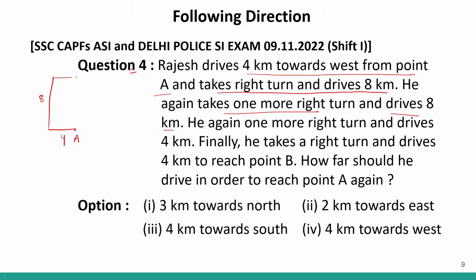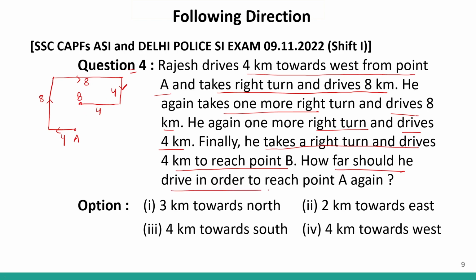Then one more right turn and drives 4 kilometers. So from here to here to here, and this is the final direction. Then he takes a right turn again and drives 4 kilometers to reach point B. So over here, again 4 kilometers to reach point B.